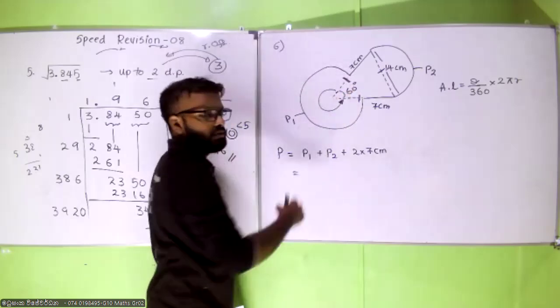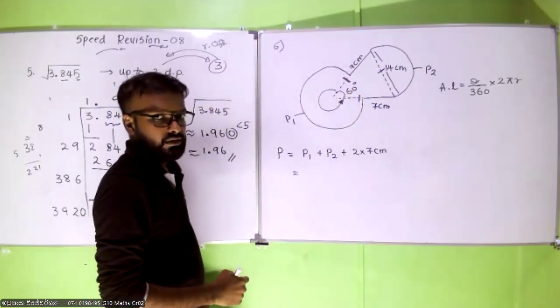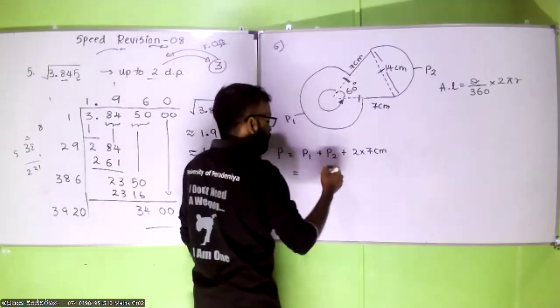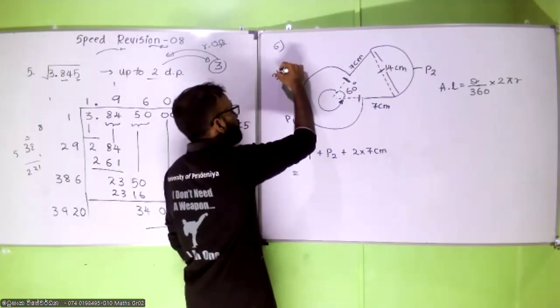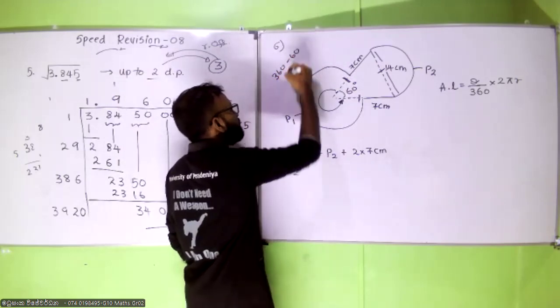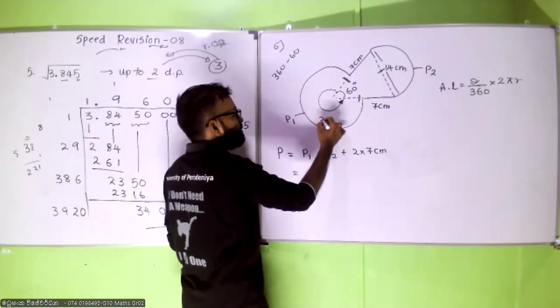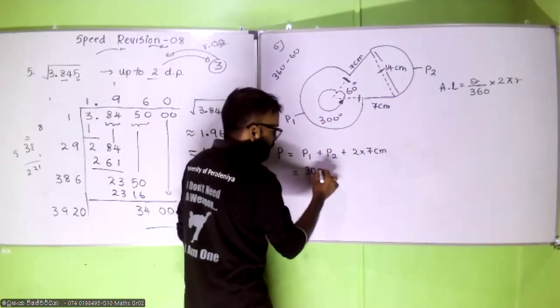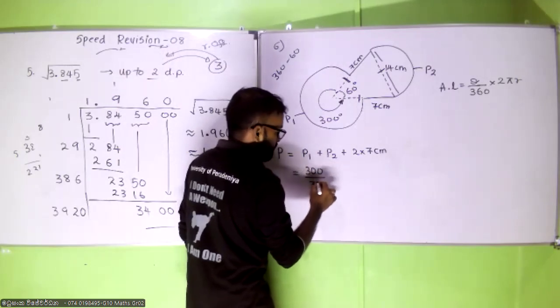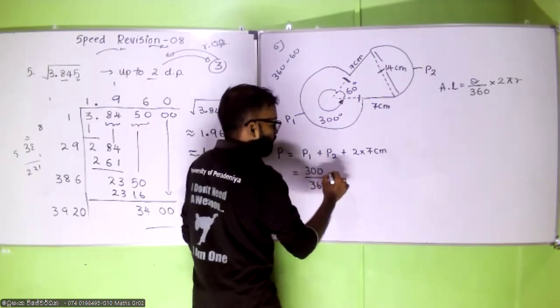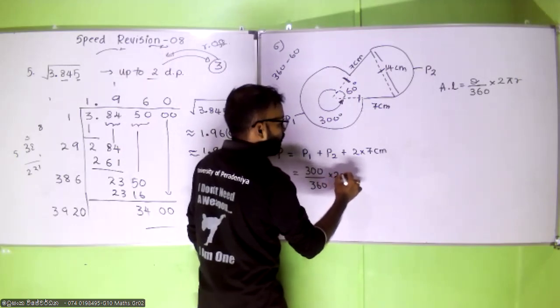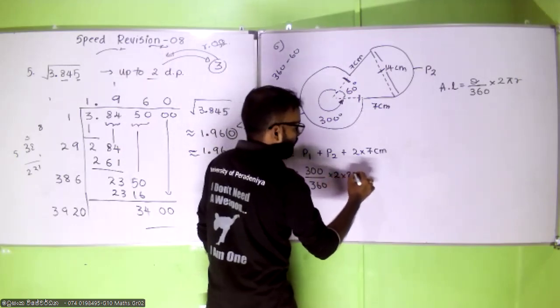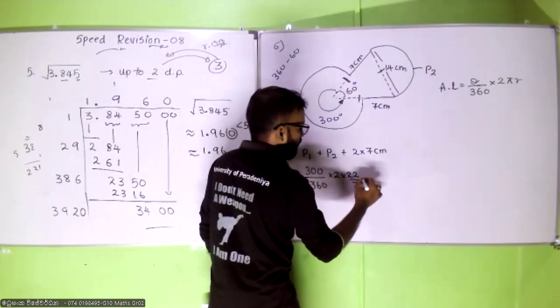So you have to subtract 360 minus 60. So the angle at the center is 300. So 300 divided by 360, times 2 times 22 upon 7.